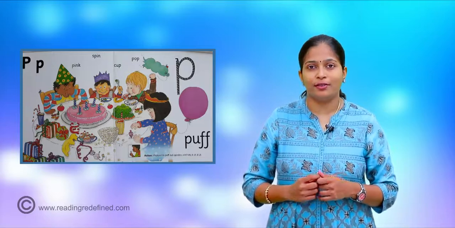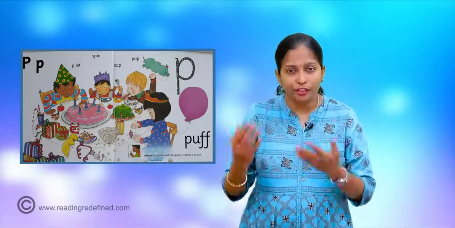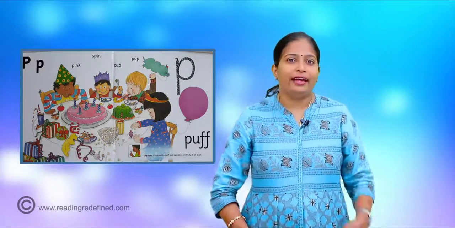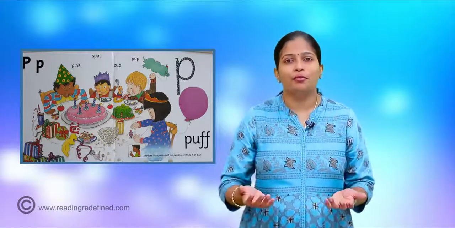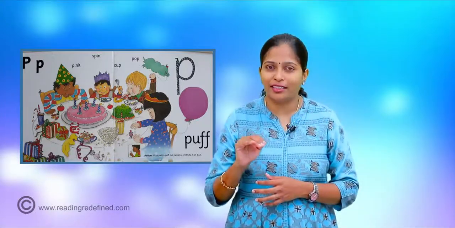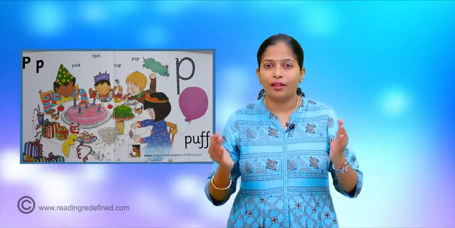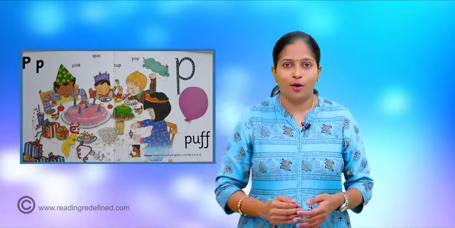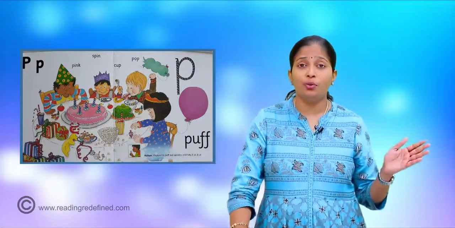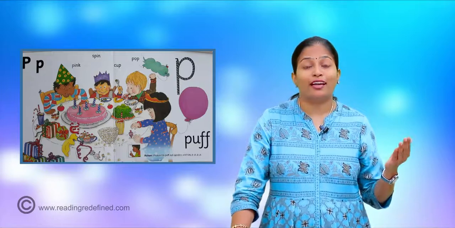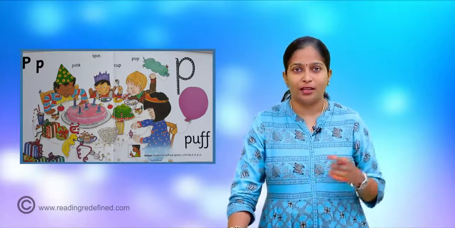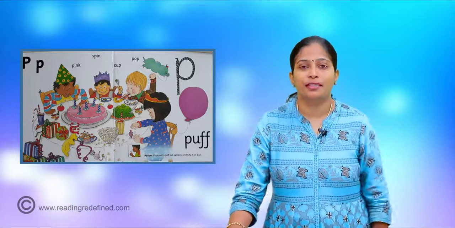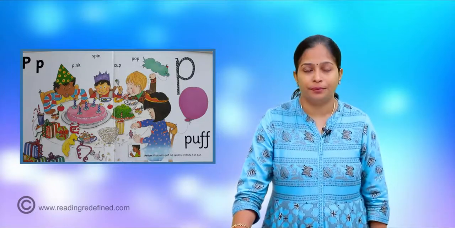All these things, you can ask children to guess the words as you open the box. You pretend to open the box and children try to guess what will be the present that is inside the box. This way you can get a lot of vocabulary that has P sound in it. It can be a cap too, because the word cap ends with P.